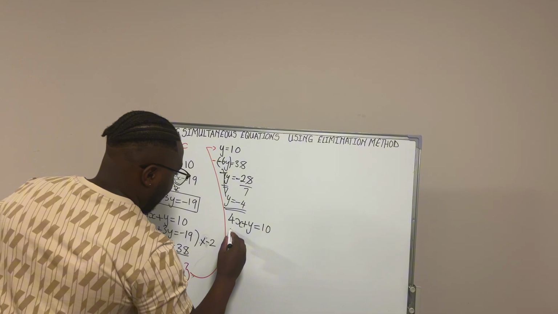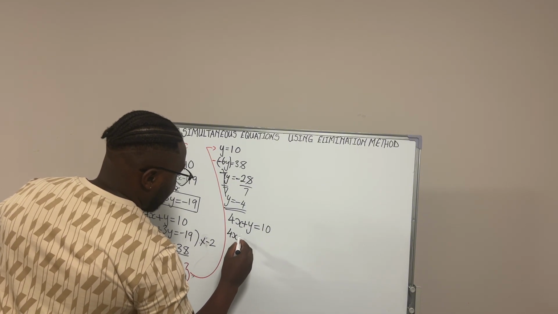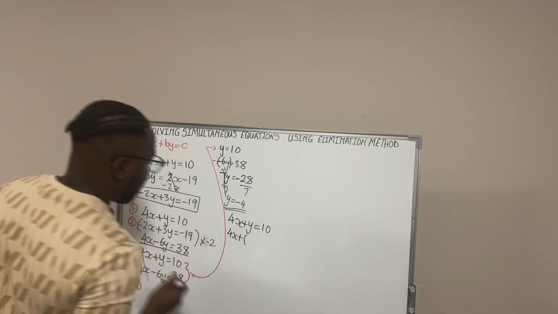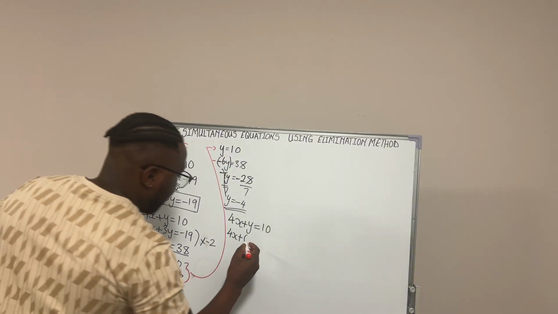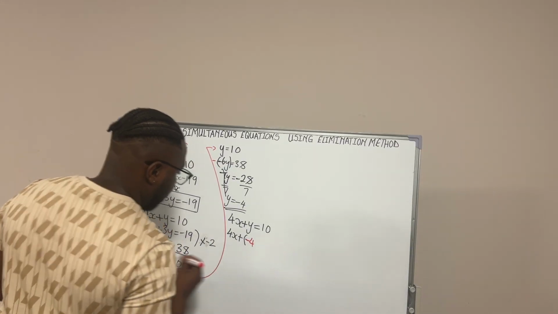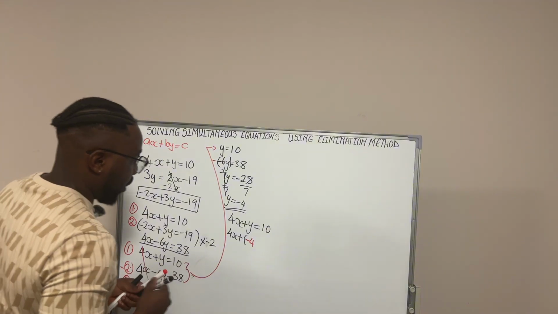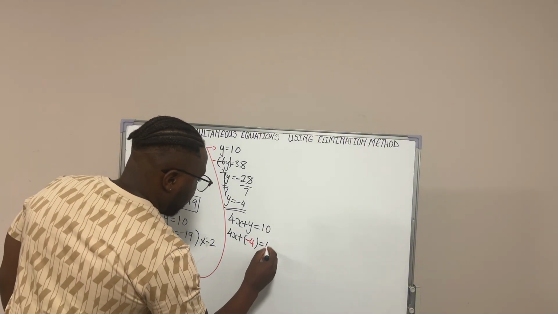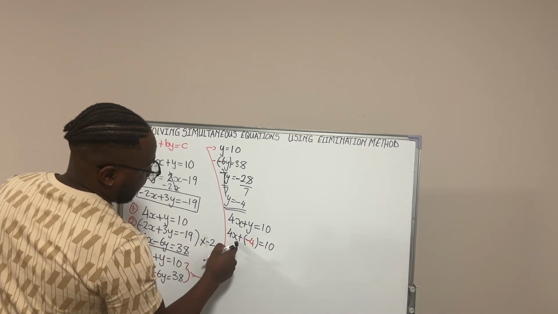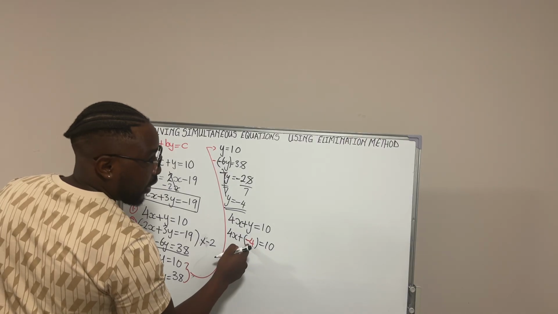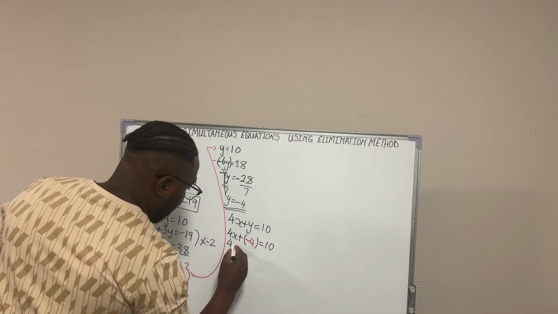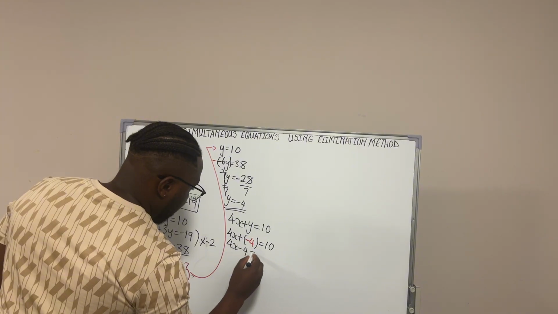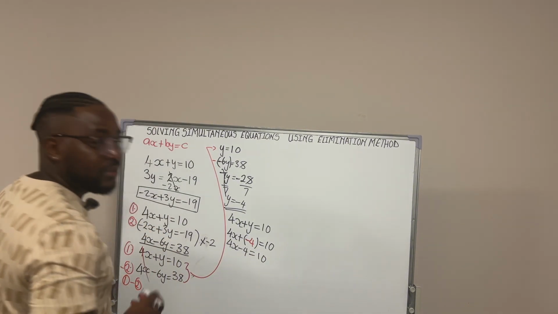So we have 4x plus, let's open our brackets. What's our value of y? Negative 4. Close our brackets, equal to 10. Positive multiplied by negative 4 is simply negative 4. So our equation will be 4x minus 4 equal to 10.